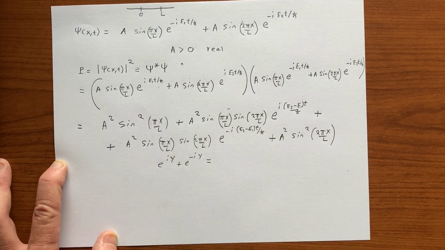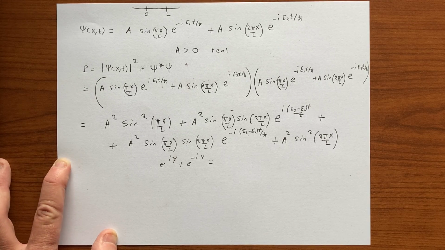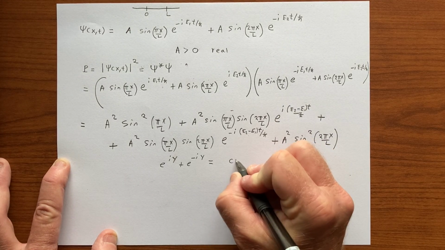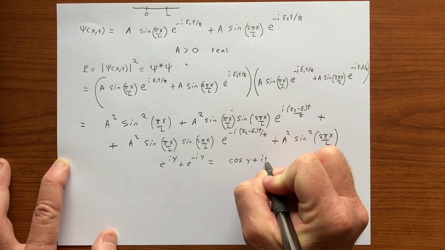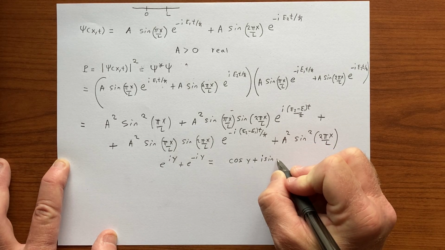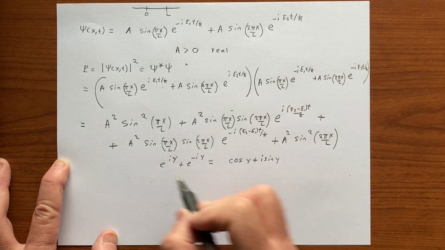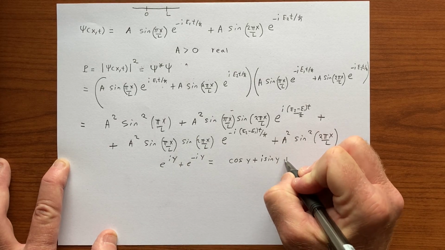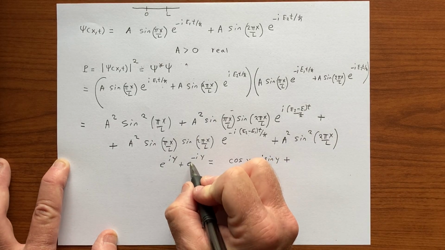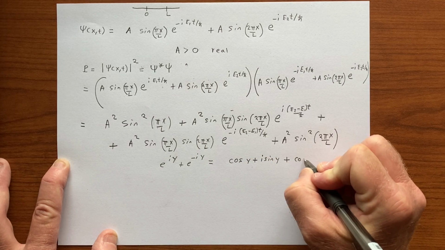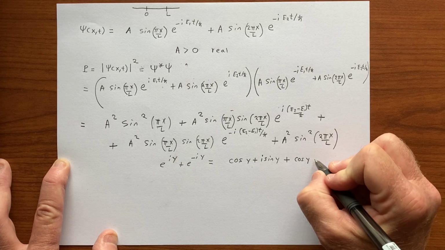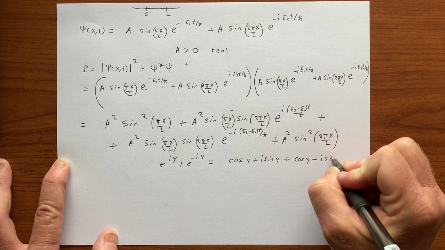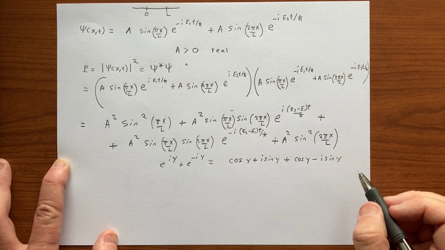But that is cosine of y plus i sine of y, which is this, plus this is the cosine of y, because the cosine is an even function, minus i sine of y.